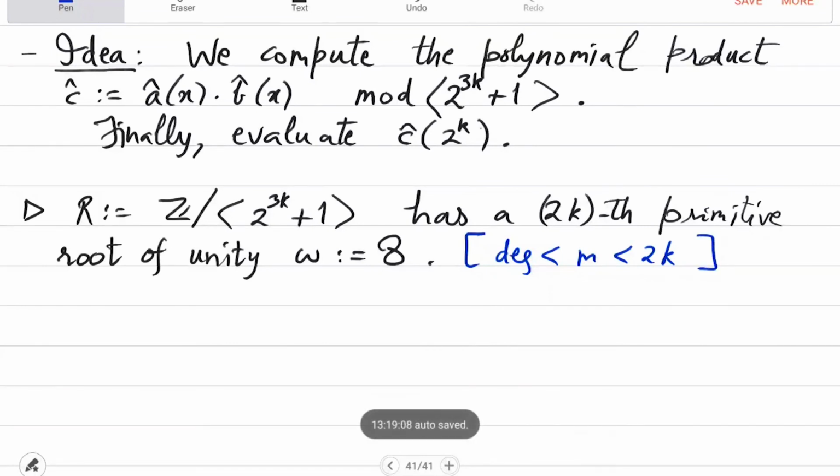So 2k is more than what we needed. Okay, so this looks like the right kind of omega. The details you will see next time, but it will be a specialized analysis of what you saw for polynomial multiplication. Okay, so I think we should stop now.